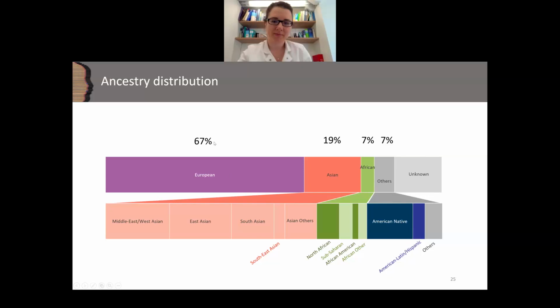So here we can see that there is a huge bias in the data set. That's why a lot of clinicians from non-European countries always ask this question: is your technology useful or helpful for my non-European patients? This is what we would also like to answer in the following slide.